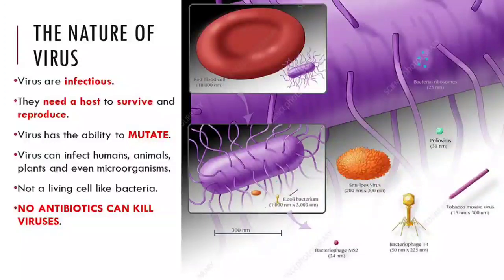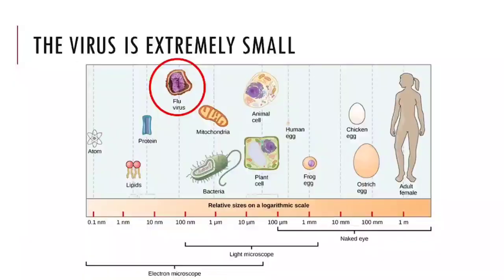Virus can infect humans, animals, plants, and even microorganisms. Virus is not a living cell like bacteria. Therefore, no antibiotics can kill the virus. And comparatively, you can see virus is extremely small.